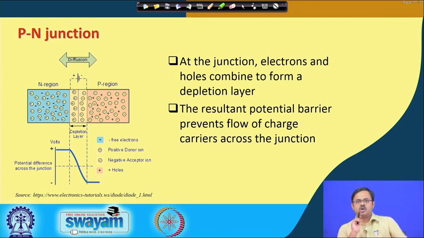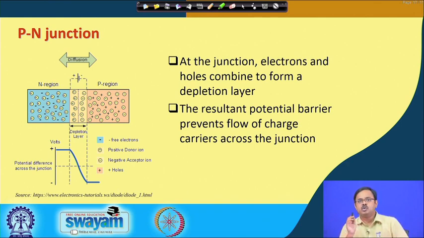Okay. So, this is what a p-n junction is. But what can I do with this? It is a p-n junction with a depletion layer in the middle, which has caused a potential barrier and prevents electrons from flowing from one end to the other.